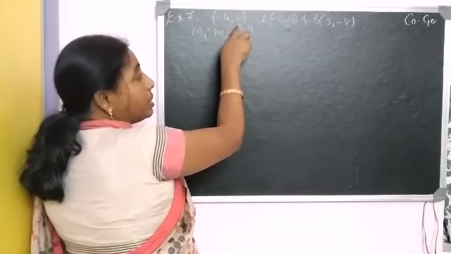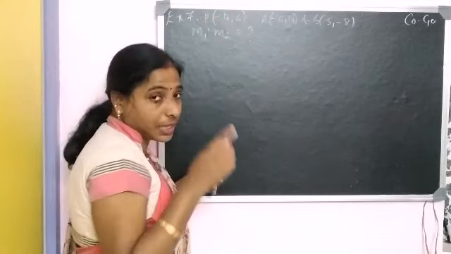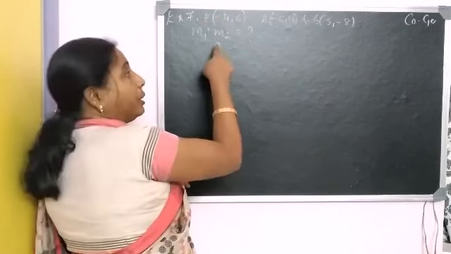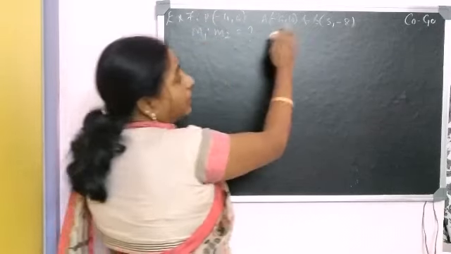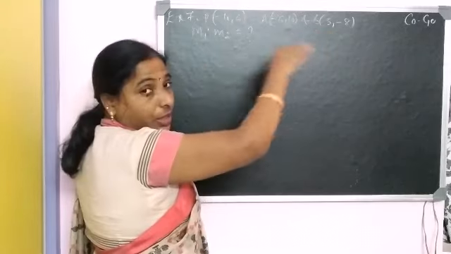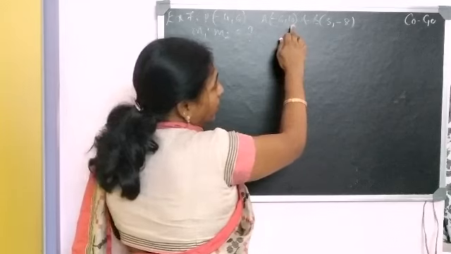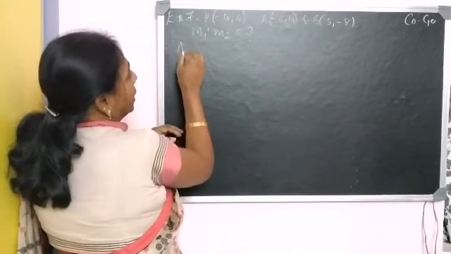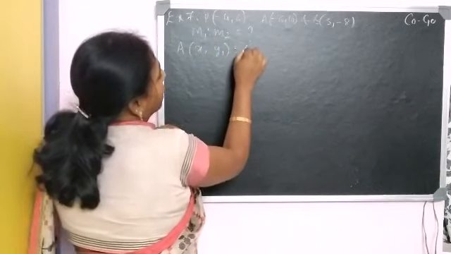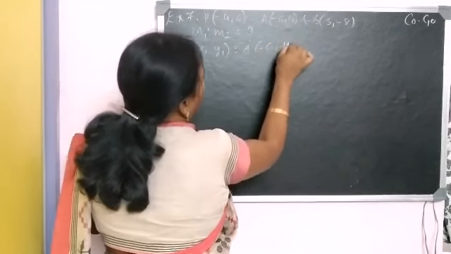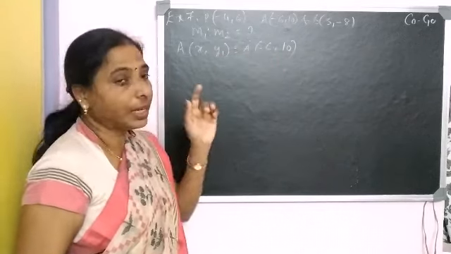The point P is minus 4, 6, and it divides the line joining these 2 points, where A has the coordinates minus 6, 10, that is A of x1 y1, so x1 is minus 6, y1 is 10.